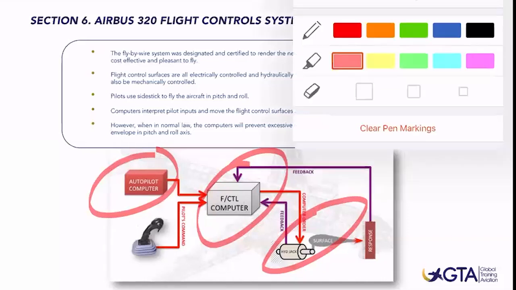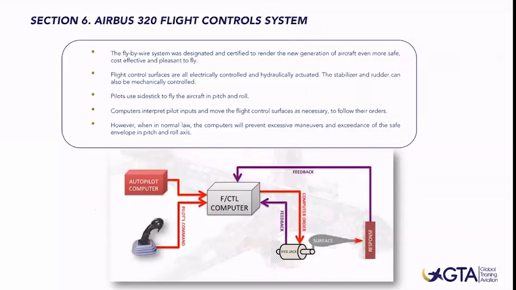This input will travel through the 7 flight control computers that we have on the A320. And those 7 flight control computers will evaluate if this input is a correct input to keep the airplane flying in a safe area of our flight envelope.